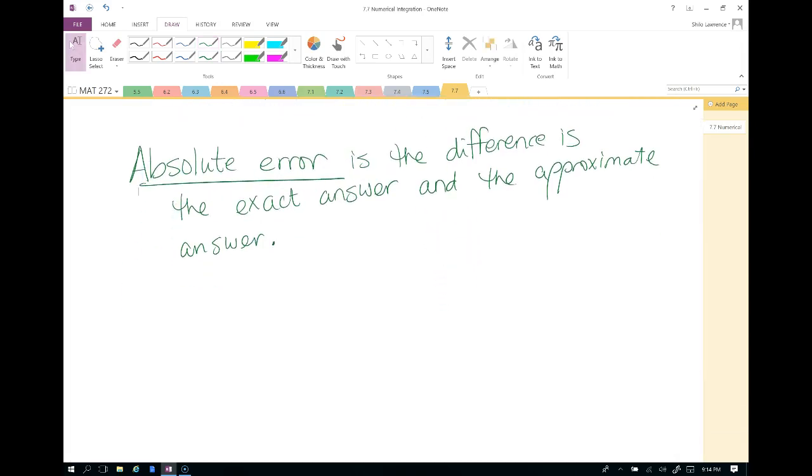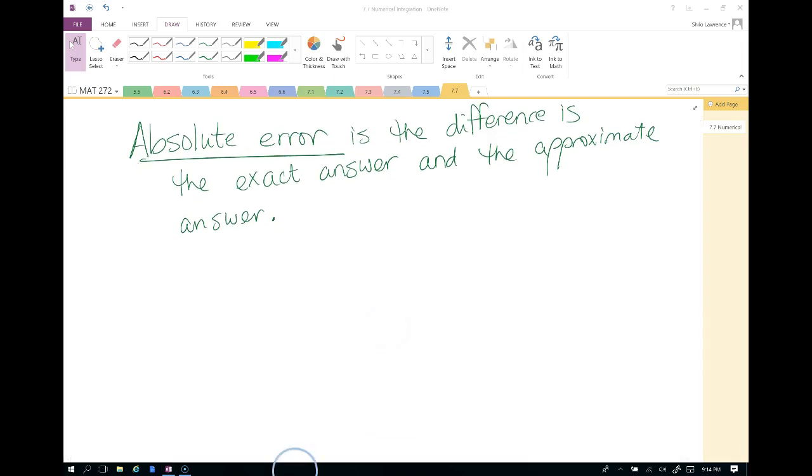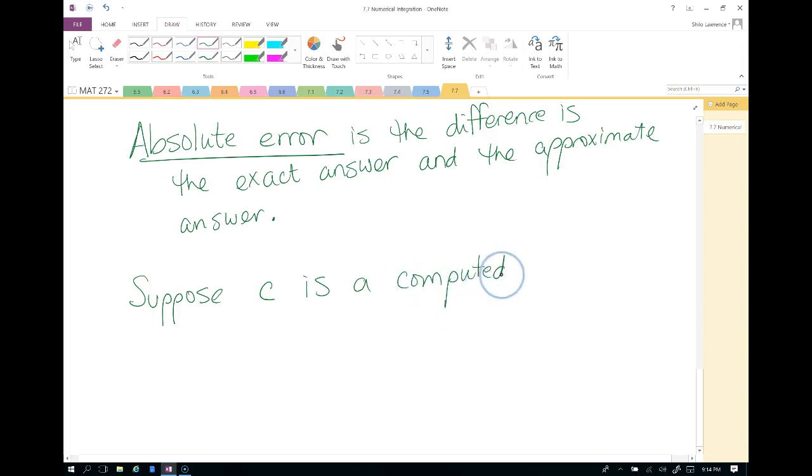And the way that our book likes to write this, it says, suppose C is a computed numerical solution.